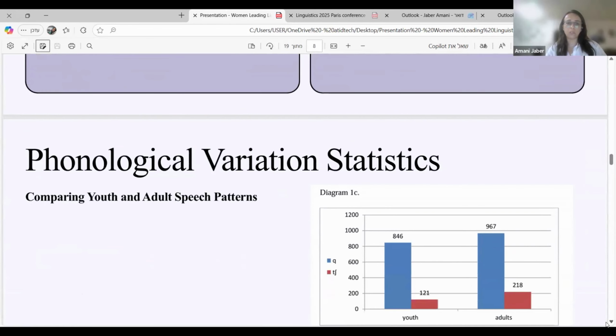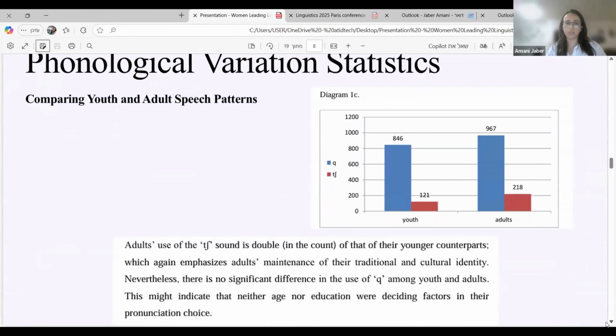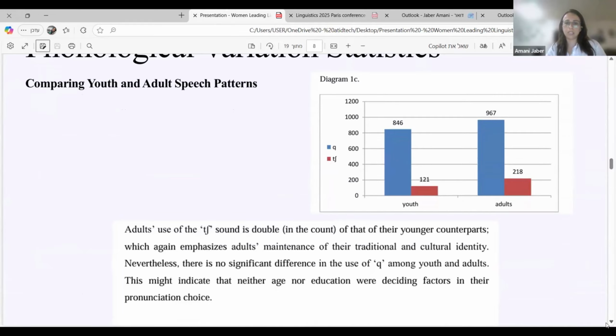I looked into phonological variations. When we speak about the Arabic language, we have phonological variations and different variables, especially the ka sound or the cha sound, where one of them is considered urban and the other rural. In this diagram, the ka sound, which is considered more sophisticated and modernized, is used by both the adults and the youth to a higher tendency, and they are straying away from the rural phonological variable.